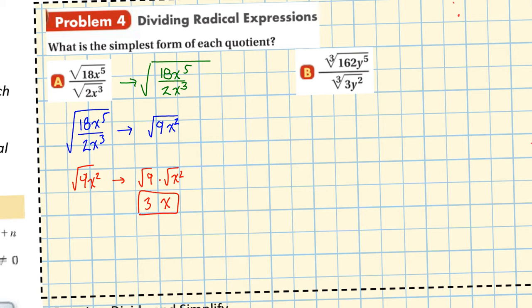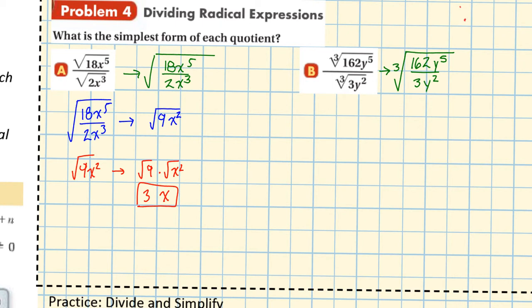For example B, we're going to do exactly the same thing, with the only difference being that we now have a cube root rather than a square root. Our next step is to simplify inside the radical.